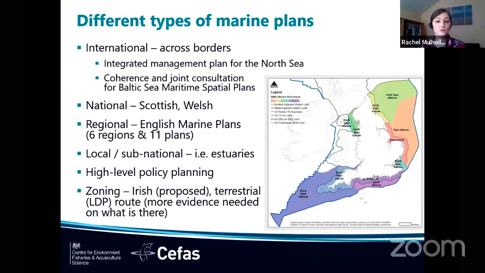This is easier to do on land as we know what is there with more certainty, and it is less of a three-dimensional space to manage than the marine area and less changeable over the short term as well. The planning system on land is also a lot more embedded, having been in place for over 100 years already. So marine planning really is the newcomer to that kind of spatial planning.